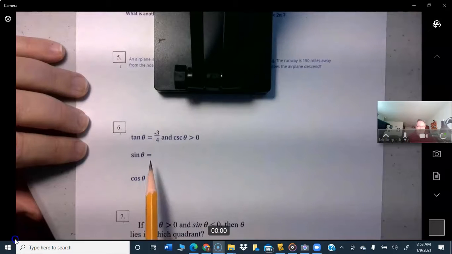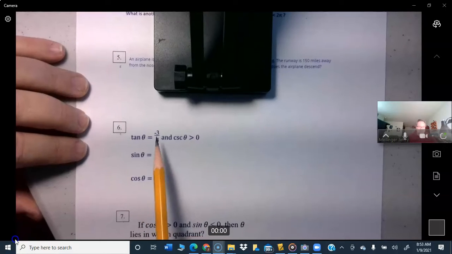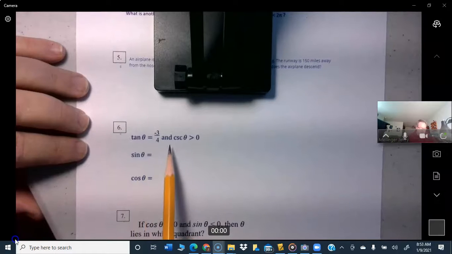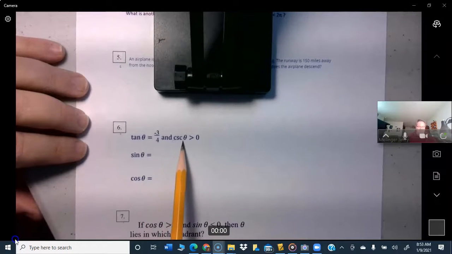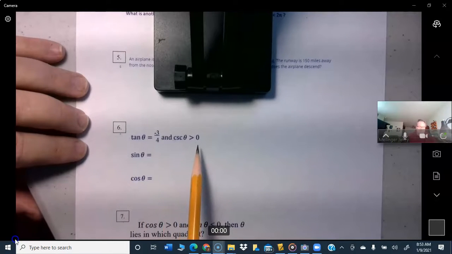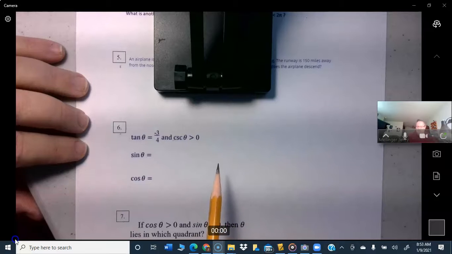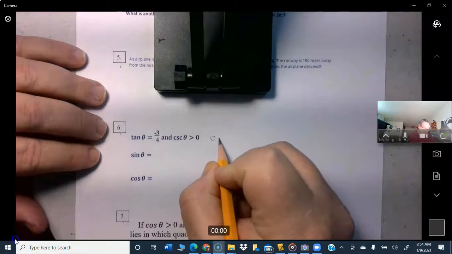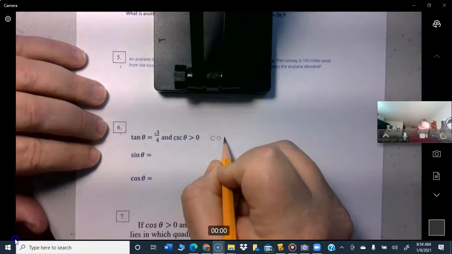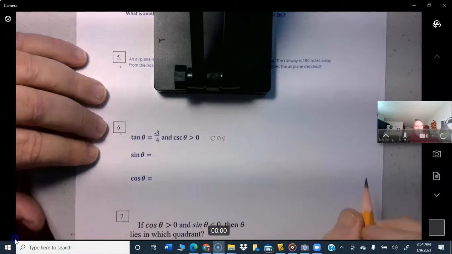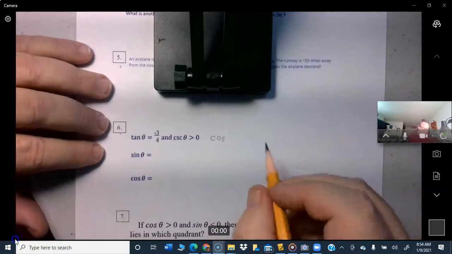I'll tell you why you can't say that's -3 right now, because the way they wrote this problem is really not good. Okay, so cosecant. First of all, it says cosecant of theta is greater than 0. That means it's a positive number. So go to your sheet, and it says that a cosecant, you have to print out the reference sheets from the last assignment.